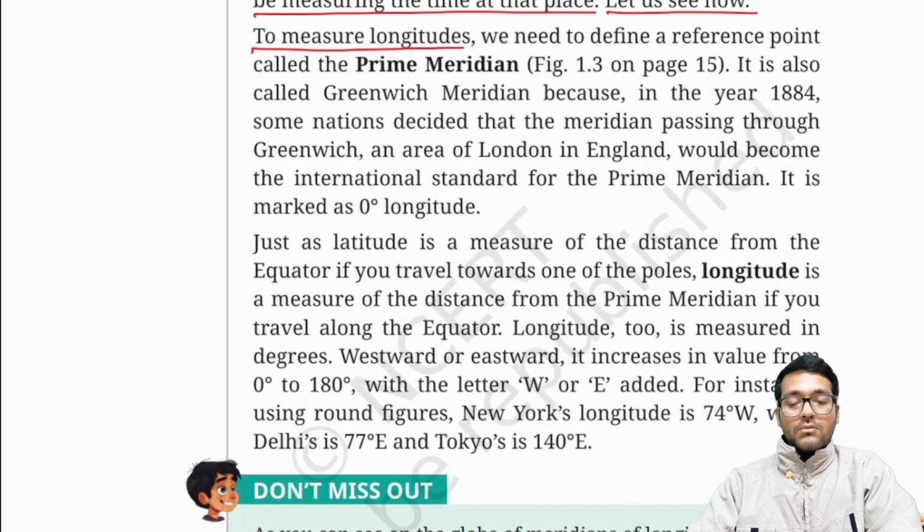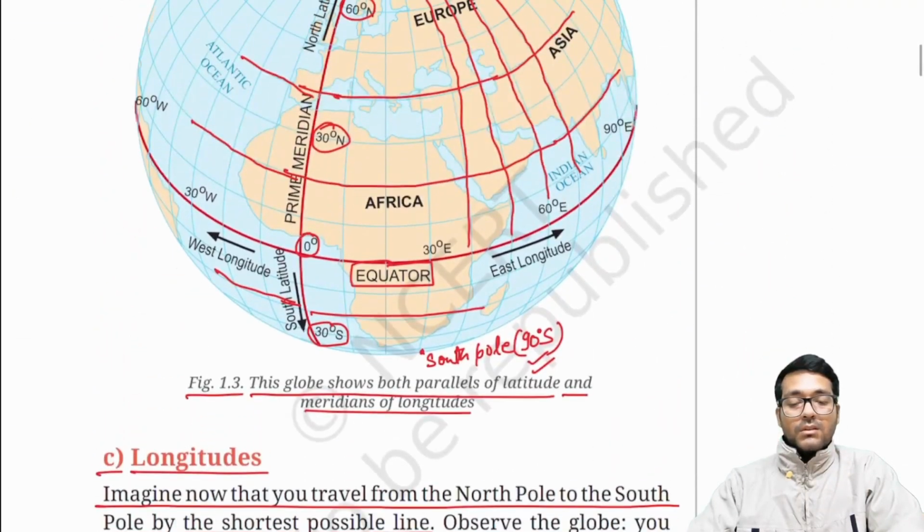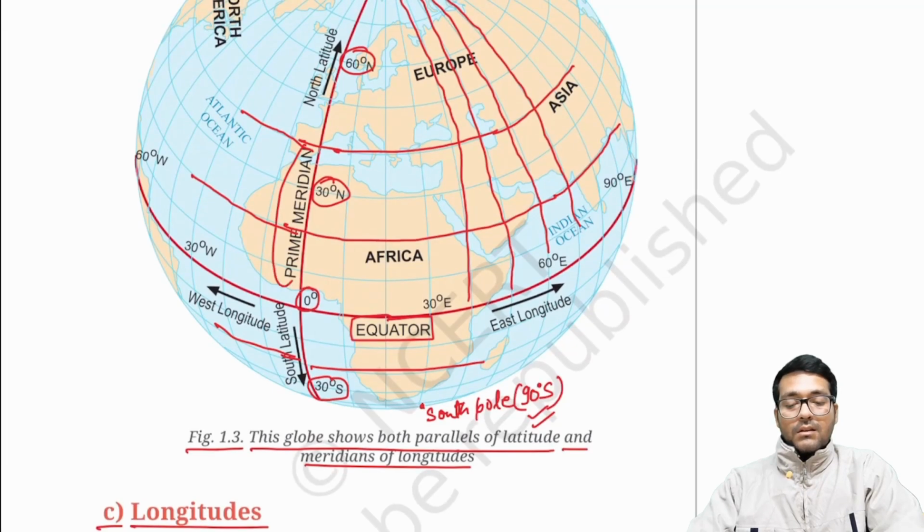To measure longitudes, we need to define a reference point called the prime meridian. Figure 1.3 on page 15. You can see the prime meridian here in figure 1.3.